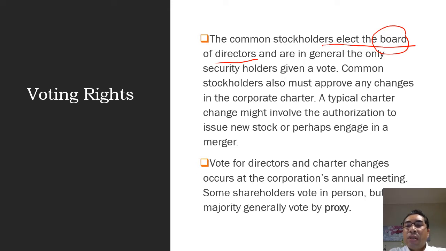The vote for directors and charter changes occurs at the AGM, the company's annual general meeting. It is an honor for the shareholder to be present there and vote in person, but they can also give the authority to vote to a proxy. A proxy is a representative of the actual shareholder of the company.